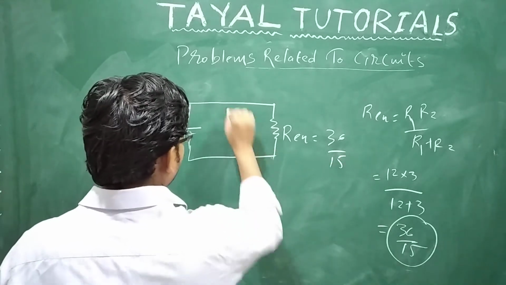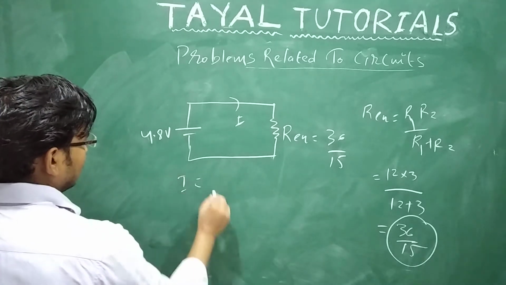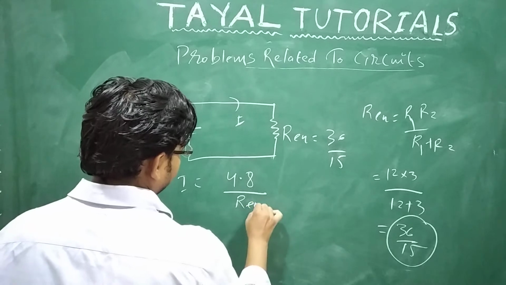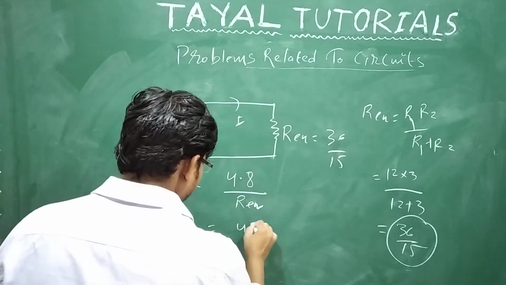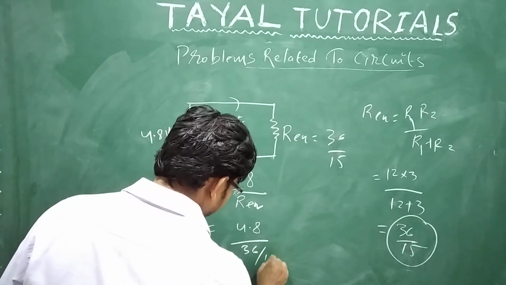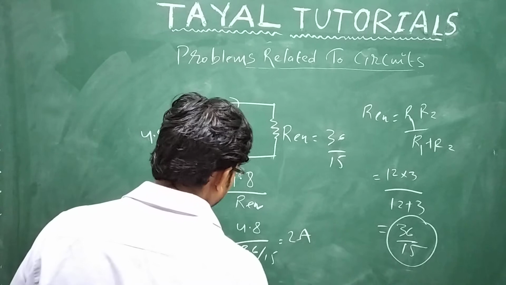I want to get the value of current which is being fed by that source. So I equal to 4.8 upon R equivalent, 4.8 upon 36 upon 15. You will get the value of 2 ampere, the current.